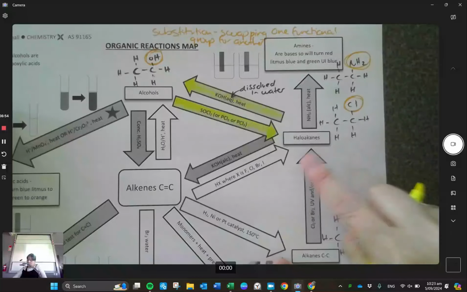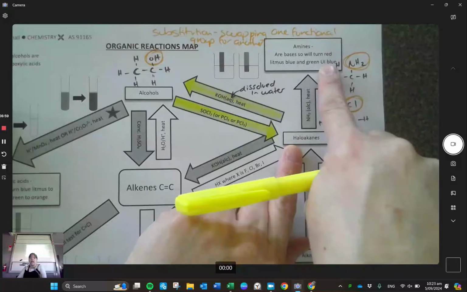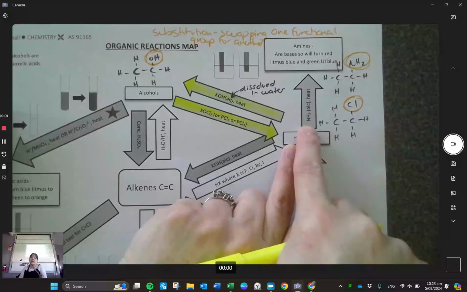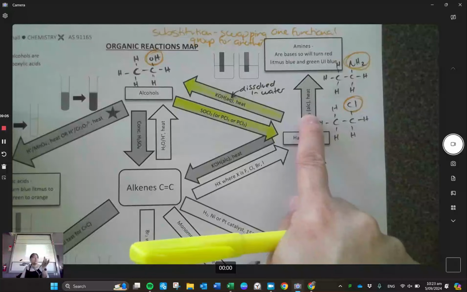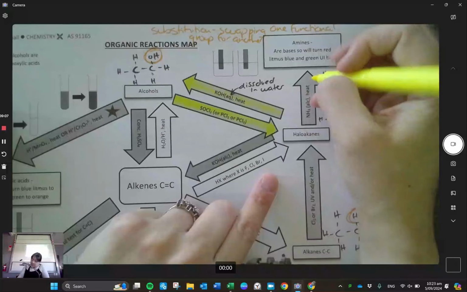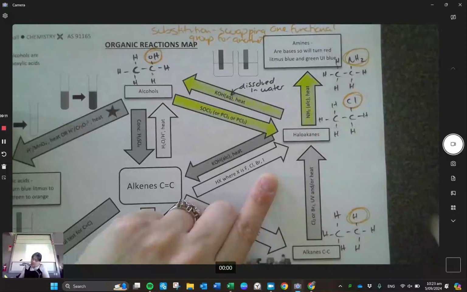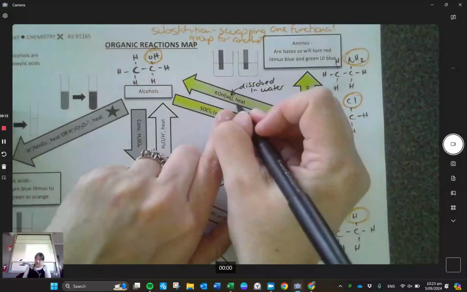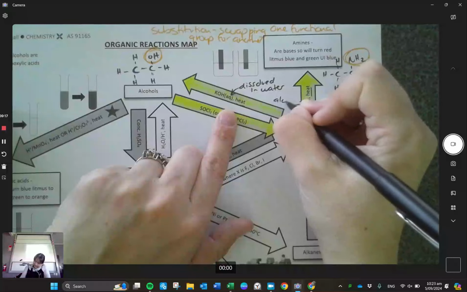I also have a substitution reaction going on here, a haloalkane. If I want to go from haloalkane to an amine, I need to have, again, ammonia, but in this case, I need it to be dissolved into alcohol. So that's what that is referring to, and that's another substitution. You will also need to note if you need heat for these reactions, so watch out for that. And then that there just says alcohol.